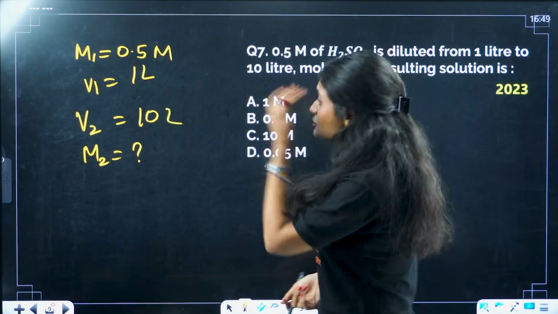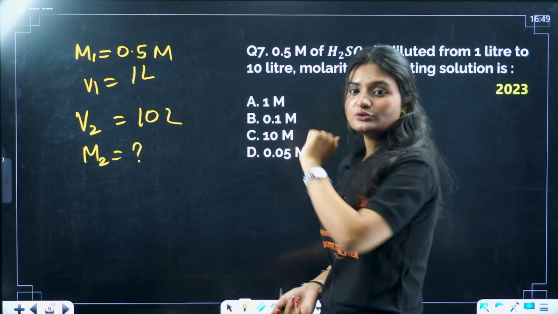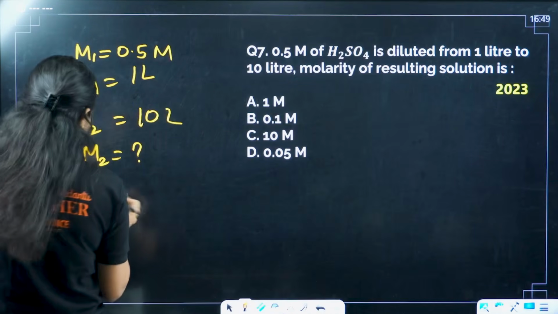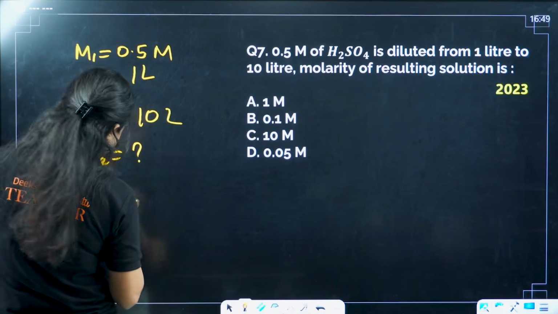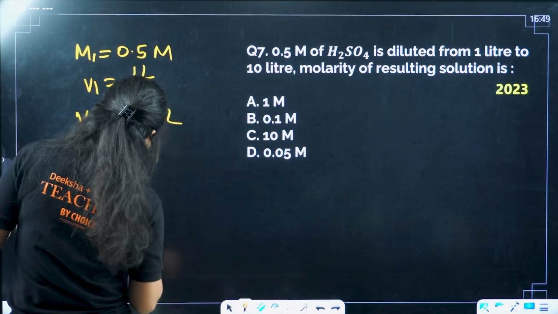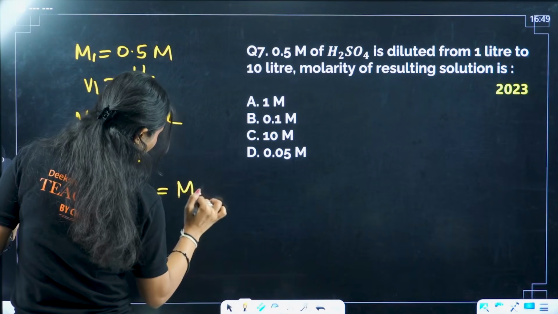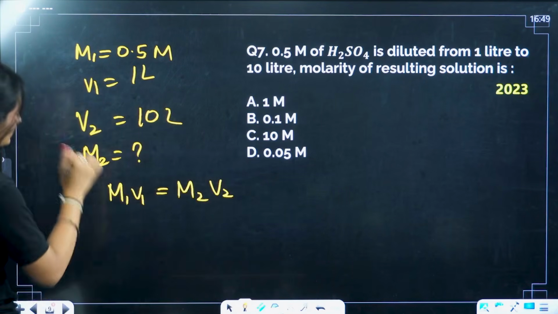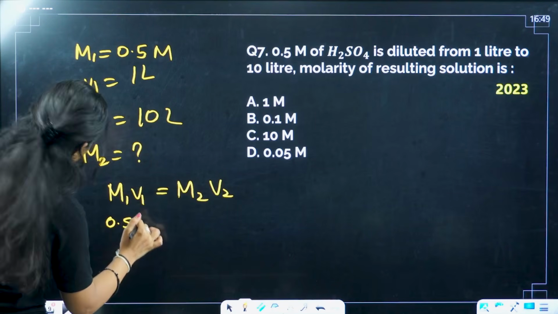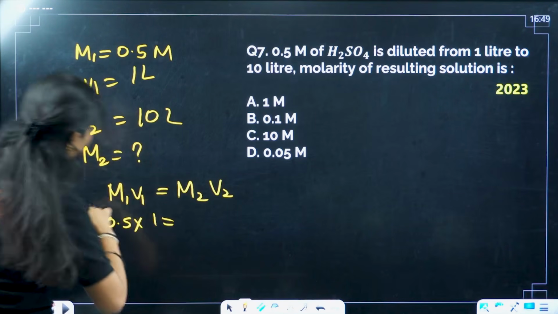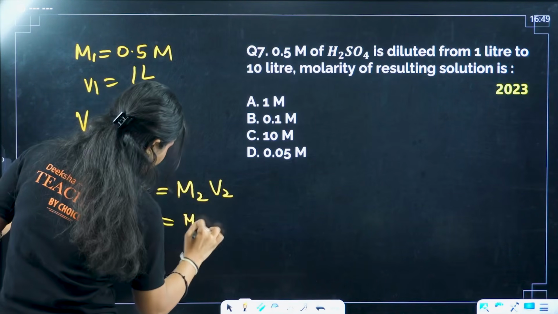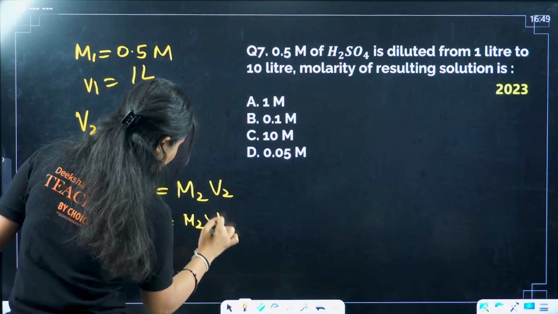So one more relation is there, M1V1 will be equal to M2V2, right? Because again this factor needs to be the same. M1 is 0.5 times V1 is 1, equals M2, which we need to find, times V2, which is 10.